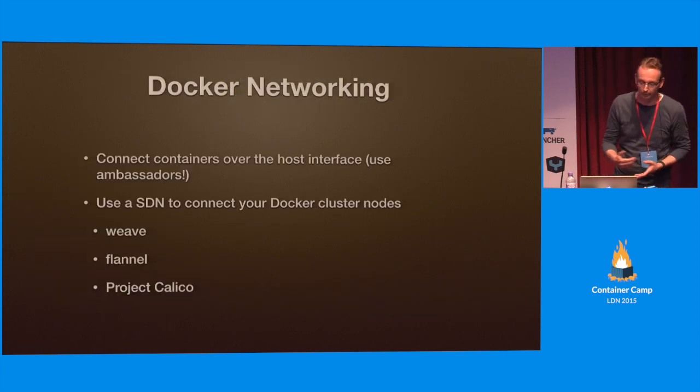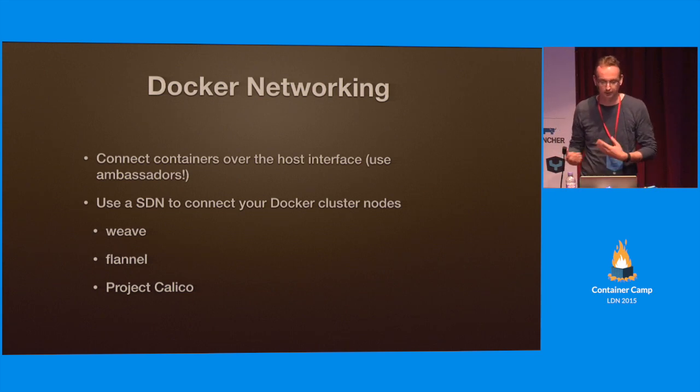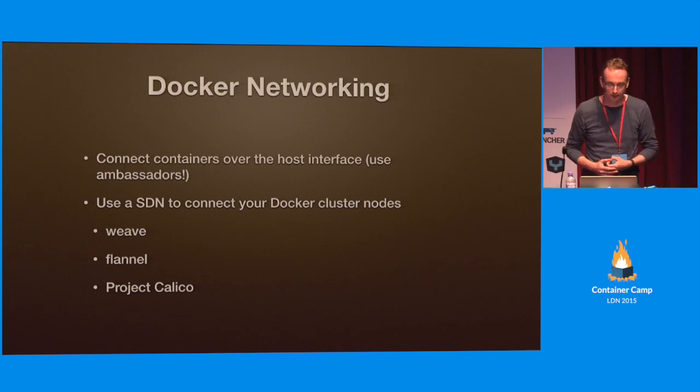So you've got a couple of options. If you want to connect containers over the network in Docker, the basic connection was where I started. You register a port on the host machine, and you connect the containers through the host interface.